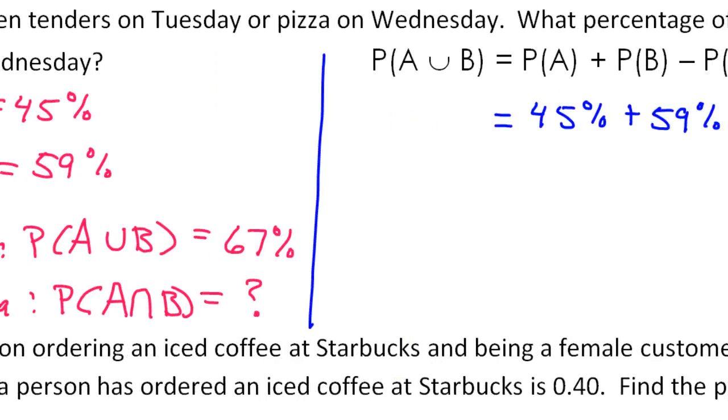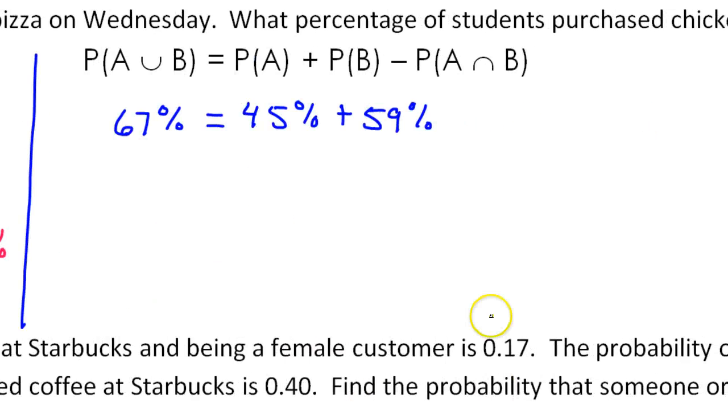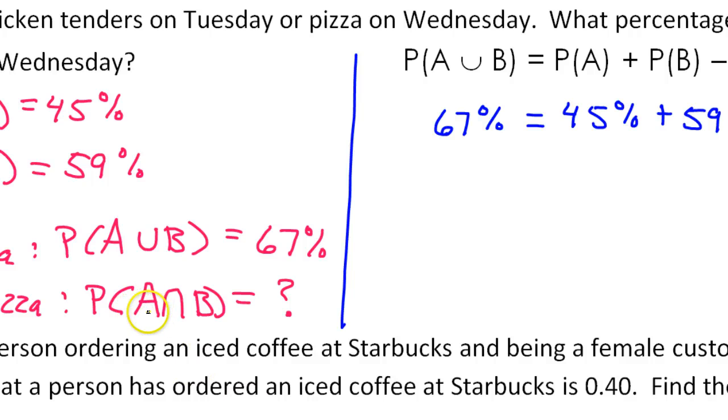And we also have the probability of A or B. That's this right here. So that is 67%. The only thing that we don't have is this. So minus the probability of A and B. And remember, that's the thing that we're looking for, the probability of A and B.